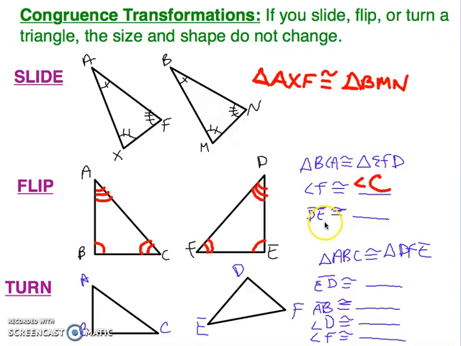And segment DE would be congruent to what? So we look here, segment DE would be congruent to segment AB. So if I look up here in this congruency statement, segment DE is the third letter and first letter.